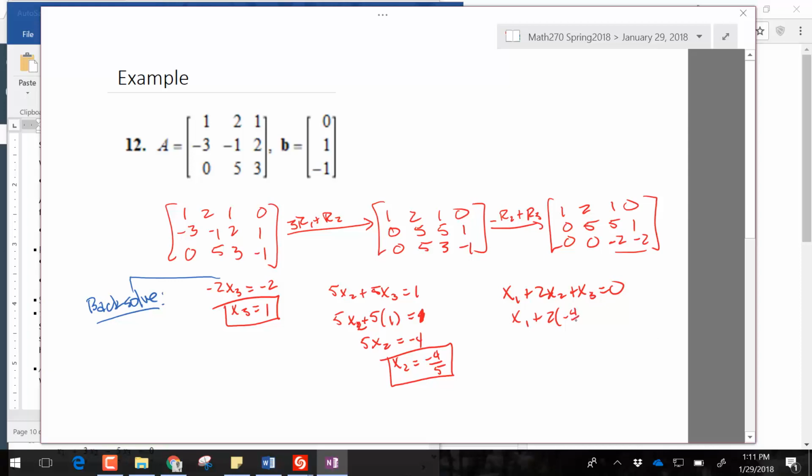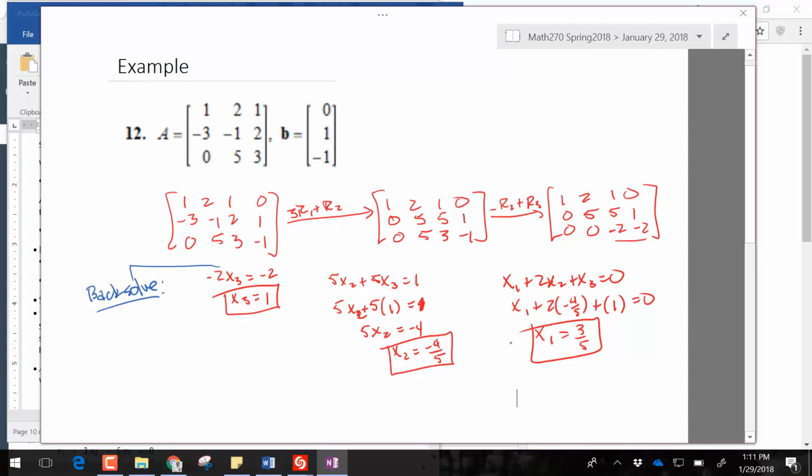We got negative 4/5 for x2 and 1 for x3. What is it? 3 over 5. Okay.